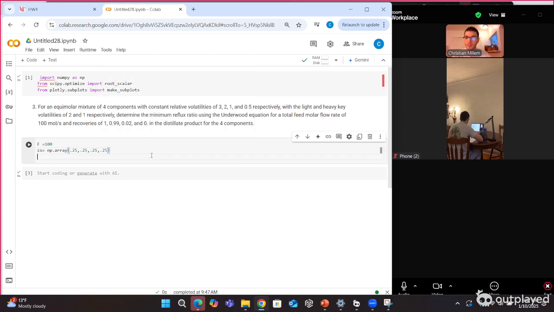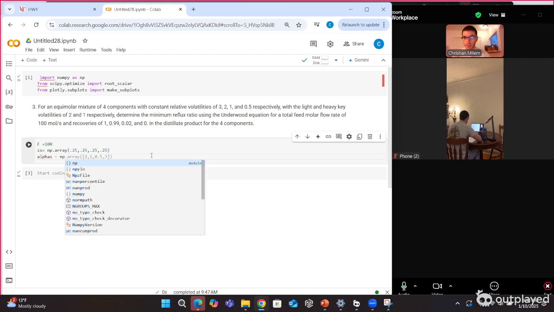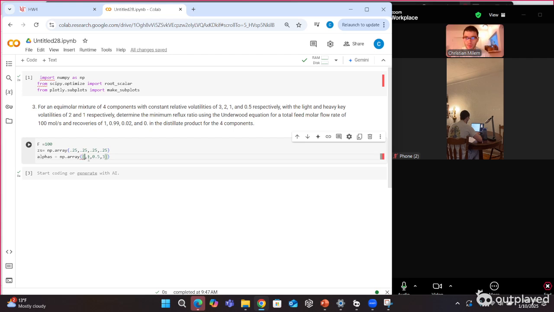Gosh, I'm getting my decimals and my commas mixed up. Next is relative volatility, so that's our alpha terms. So alpha equals np.array. I'm guessing we need these to go in order.